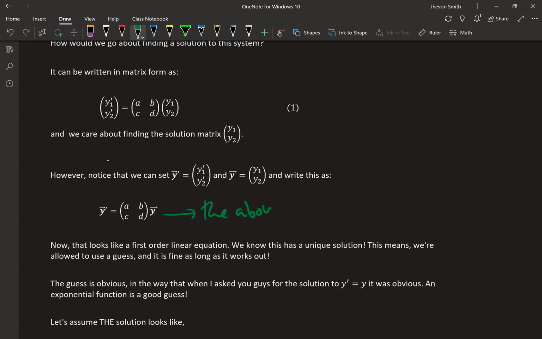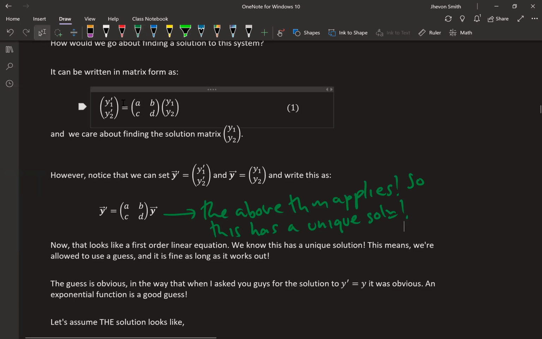The above theorem applies, so this has a unique solution, right? Because now it just looks like first order. It's like instead of a constant, I have a matrix, but again, it forms a vector space. It's all going to work out, right?